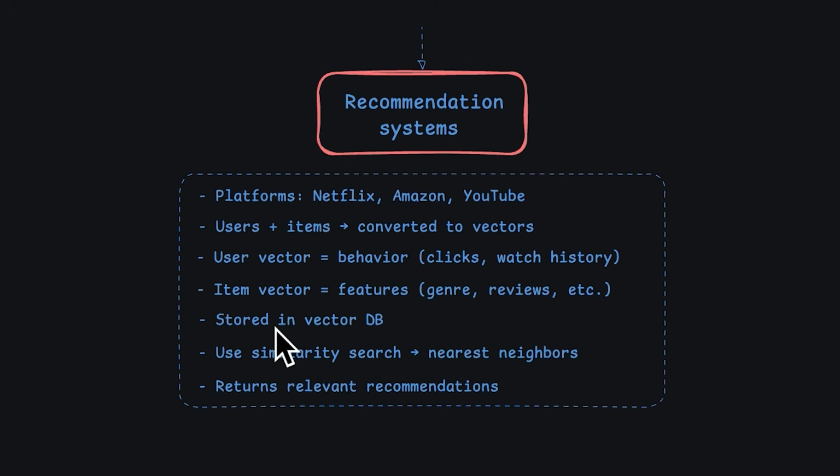Then, on top of this data inside the vector database, you can perform similarity search using nearest neighbor search algorithms and return the relevant recommendations to the users. This is how you can build recommendation systems using vector databases.